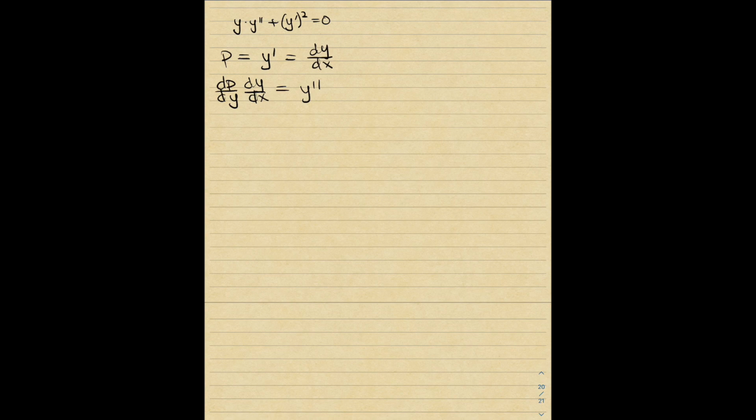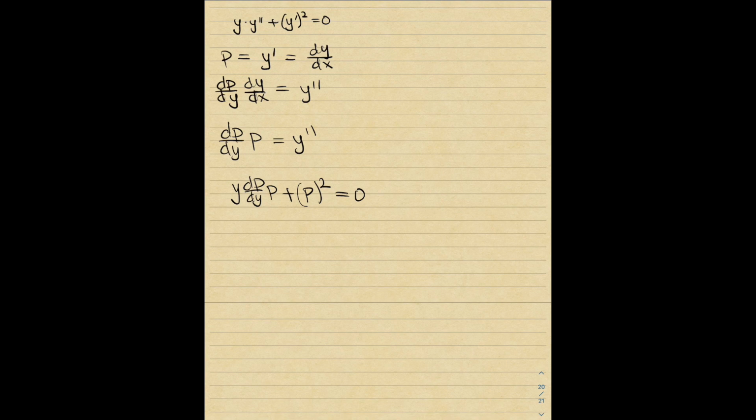So we have dp over dy times p, which is equal to y double prime. So we're going to go ahead and plug them in. So we have y times dp over dy p plus p squared equal to 0.